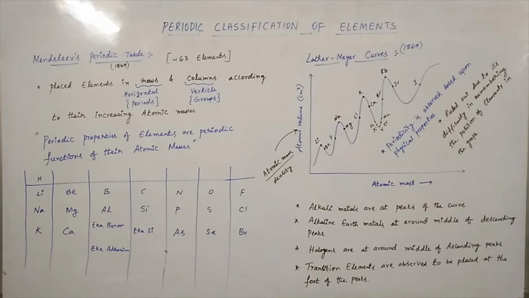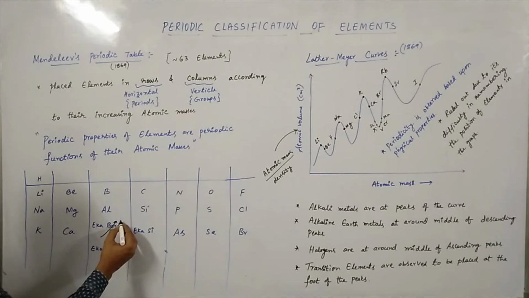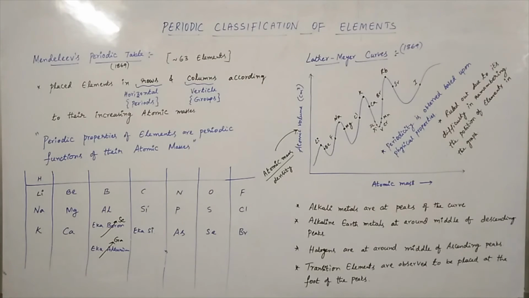Right? So boron is nothing but scandium. Aluminium is nothing but gallium. So this is how you place the elements in the periodic table.